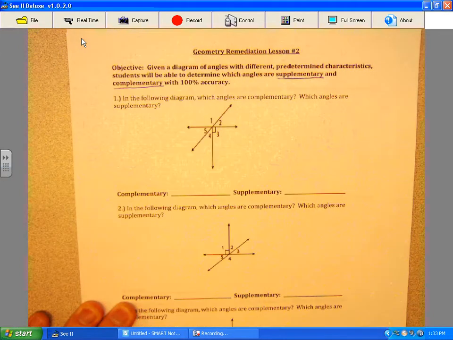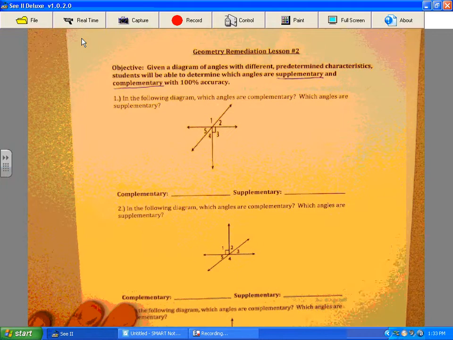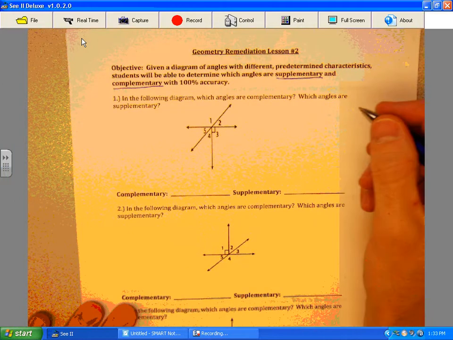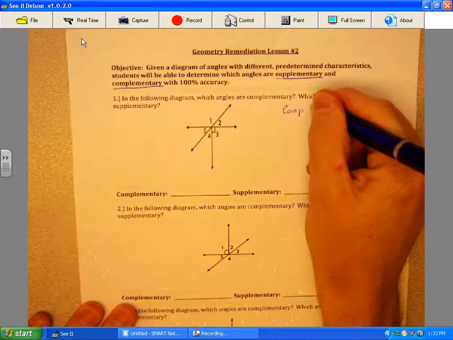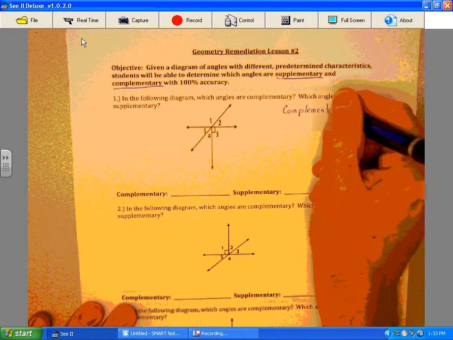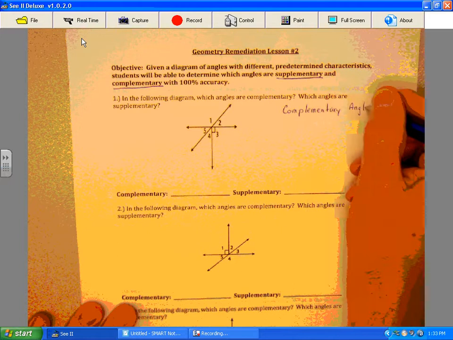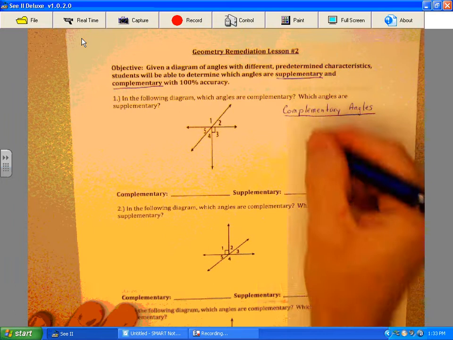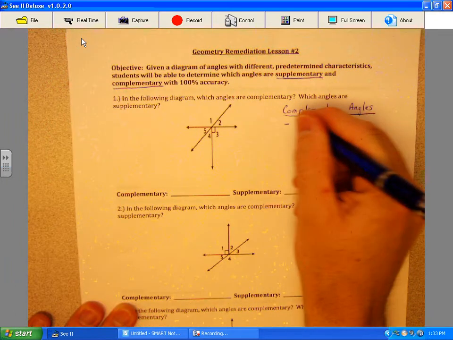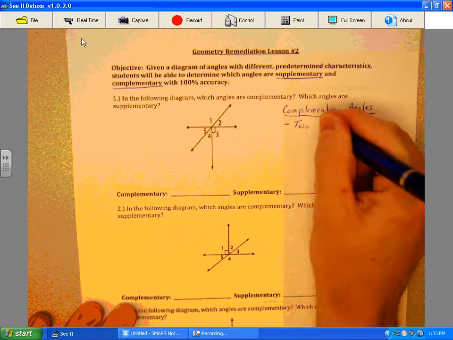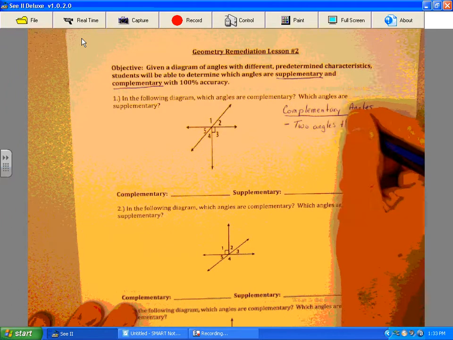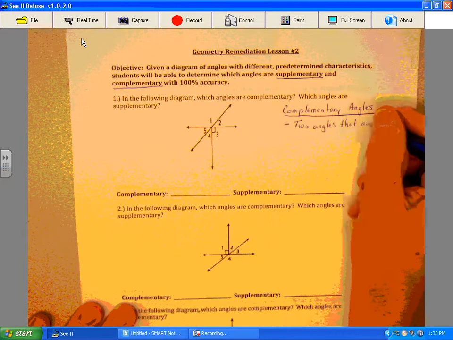Now, some of you might already know what supplementary and complementary angles are, but just as a good reminder, complementary angles. These are two angles that add to equal 90 degrees.